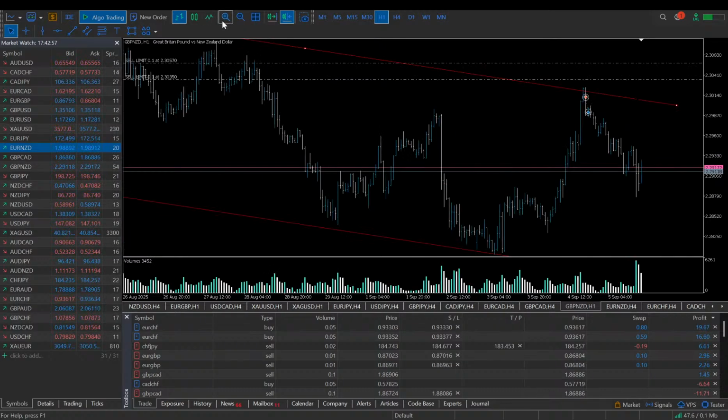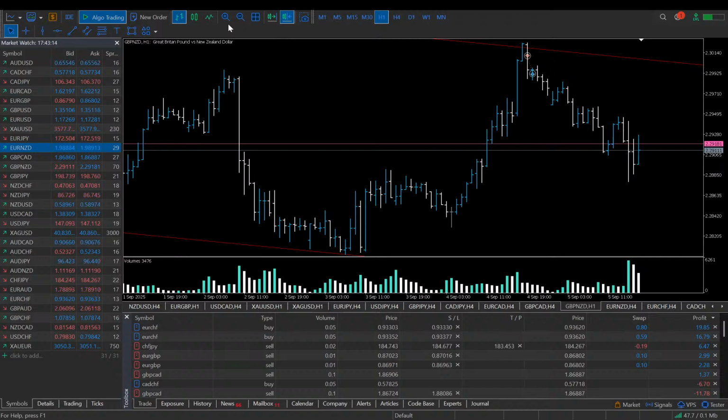Visually there is a difference, for me personally. But technical analysis, there is no difference. There is no difference really.